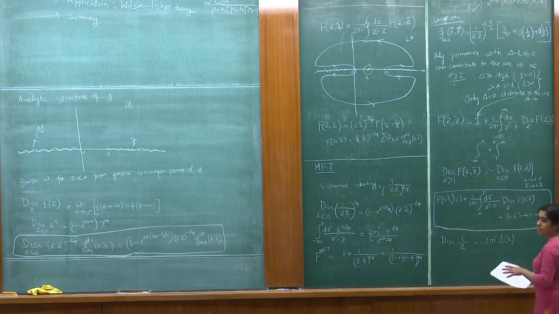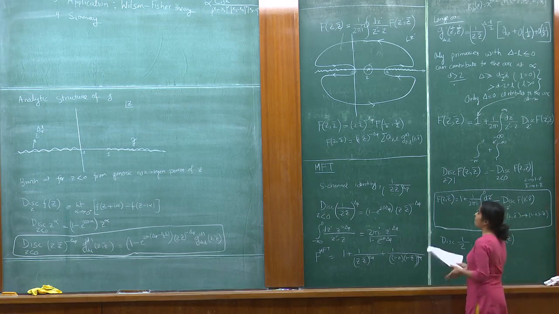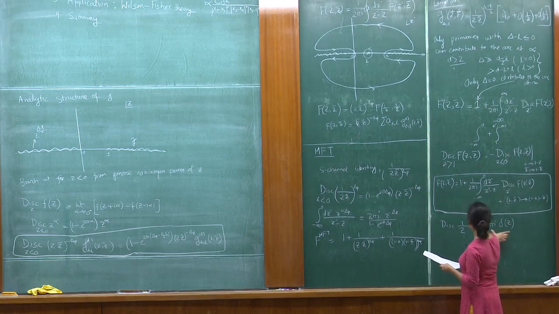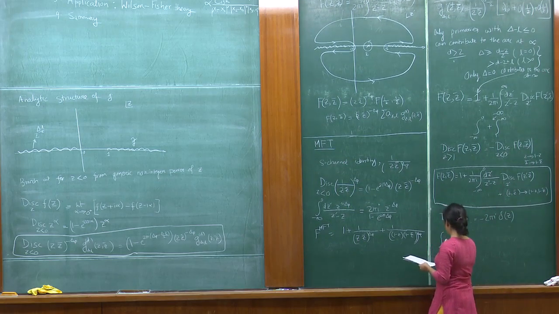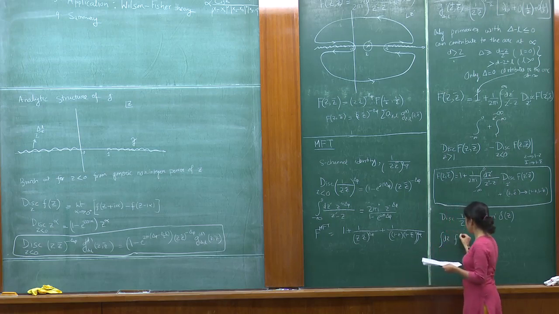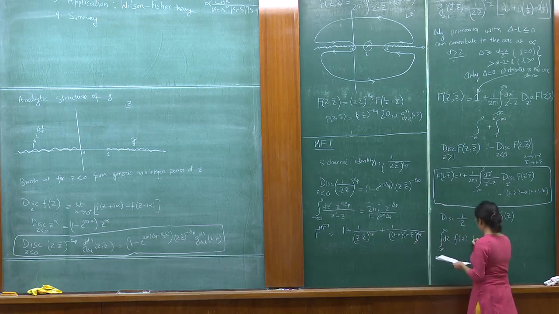How do you understand this discontinuity of 1 over z being equal to delta? Since this is a distribution, you can think of it as having some test function f(z) that you integrate from minus infinity to plus infinity.